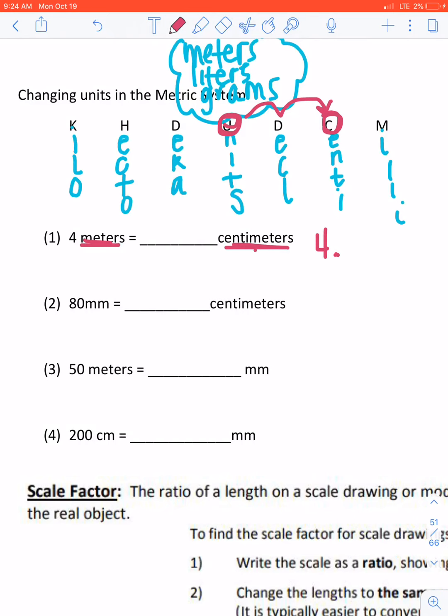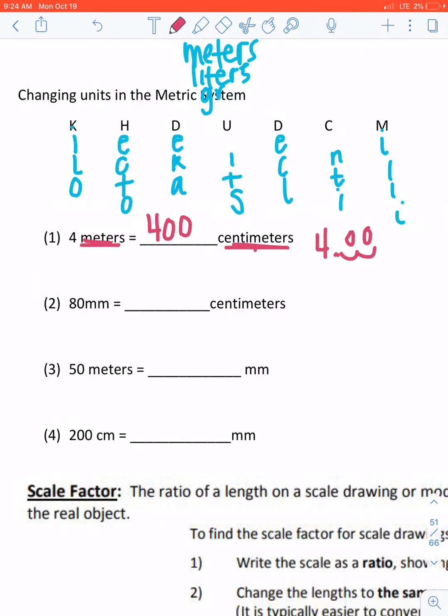You're moving this decimal 2 spots to the right, same as what we did up top. So 2 units to the right. Now, wherever you have little blank spaces, you're going to fill it in with zeros. And the answer to this would be 400. So 4 meters is equal to 400 centimeters. Now I'm going to erase this. So that's units and centi.